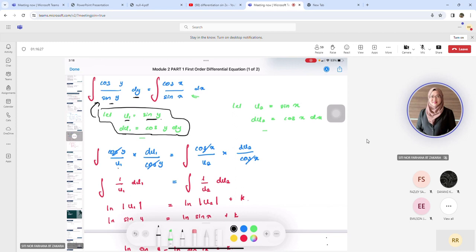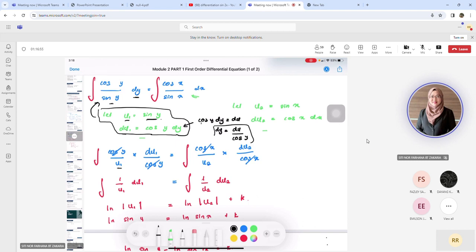So I get this one. And then for du, I need to replace dy with du. So from here, cos y dy is equal to du. So what is dy? You can rearrange. dy is equal to du. Cos brought to the right becomes 1 over cos y. That's why this is what we replaced in here.